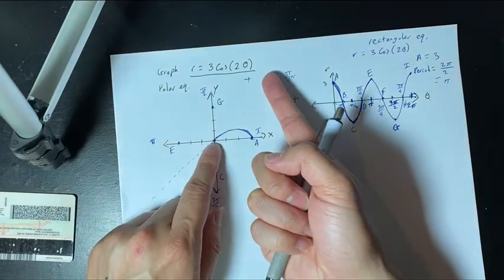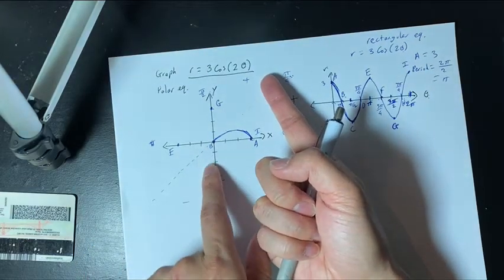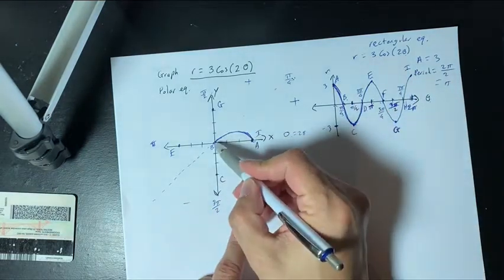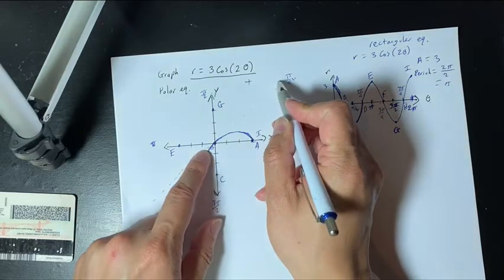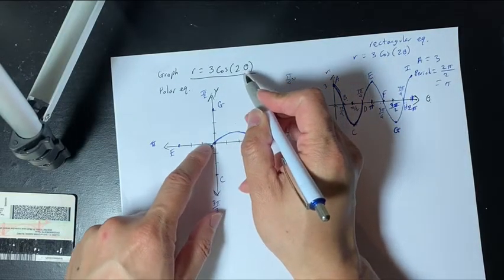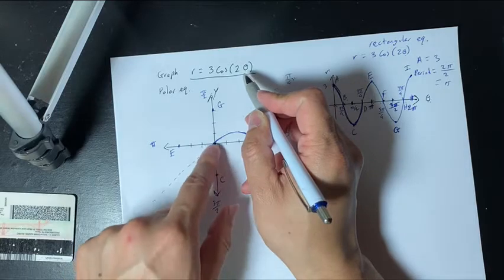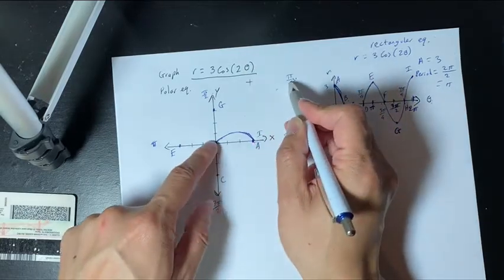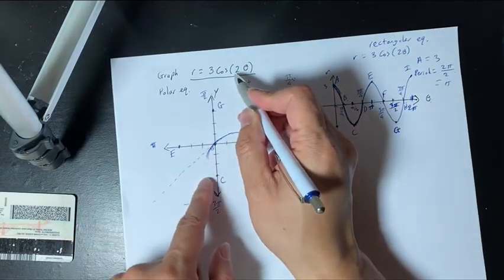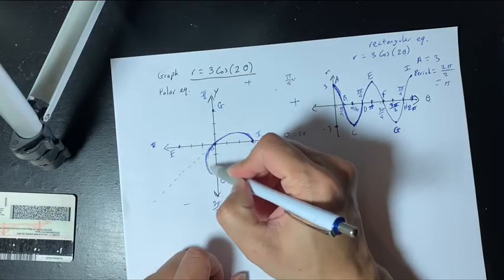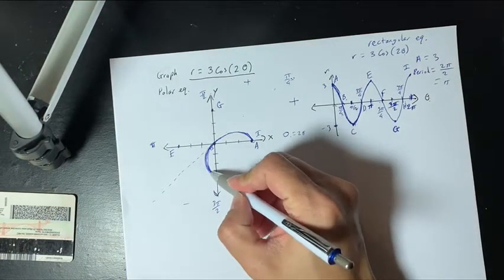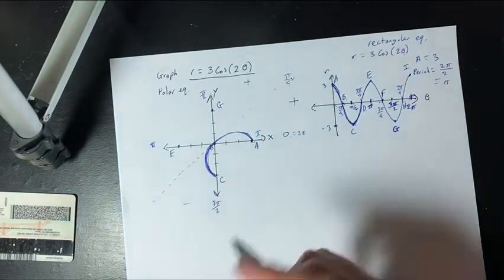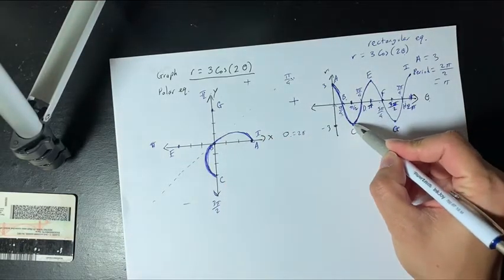But once you go past pi fourth, now my radius is going to be negative. So it's going to protrude towards the negative direction. And as you increase the angle, the radius would decrease further into the negative. So as angle increases, radius decreases towards -3. Okay, so that's C.